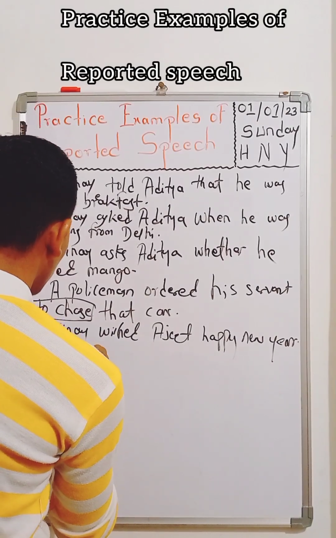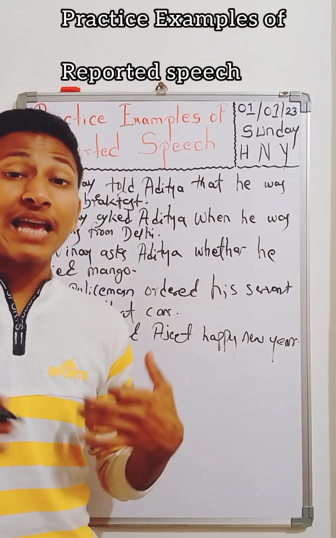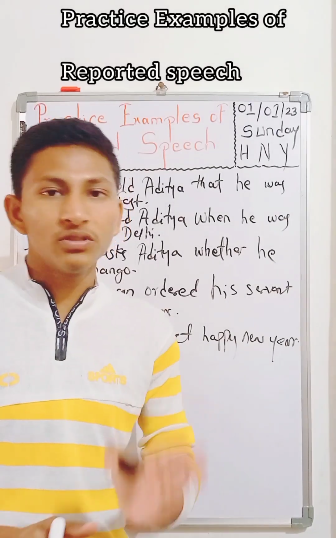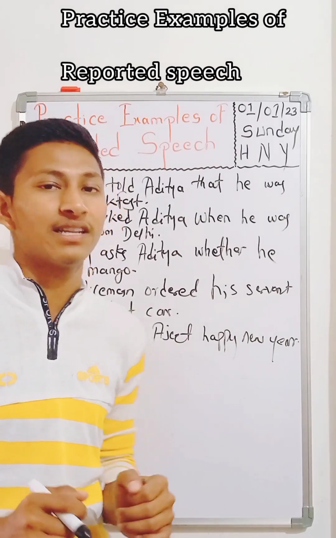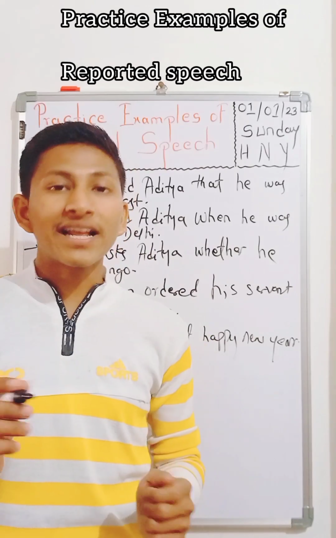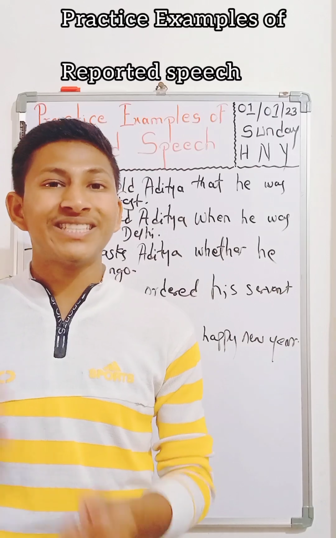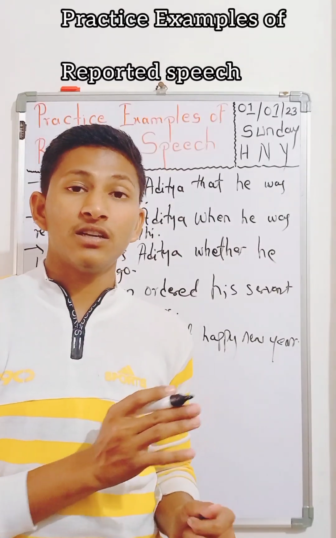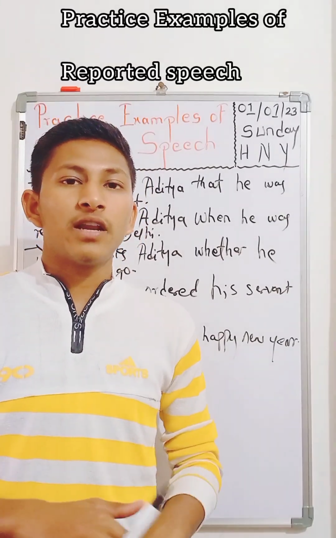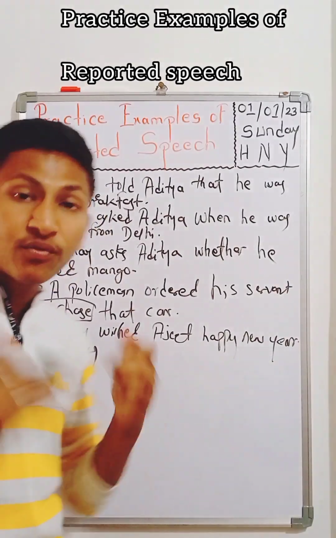Vinay, the rule differs here. Vinay exclaimed instead of said. You have to use exclaimed, because this is an exclamatory sentence. If you have already watched those videos of reported speech, where I introduced the rules, then you can easily solve the examples before me.